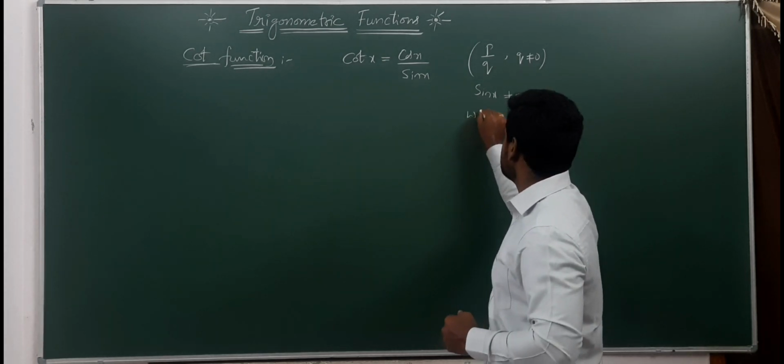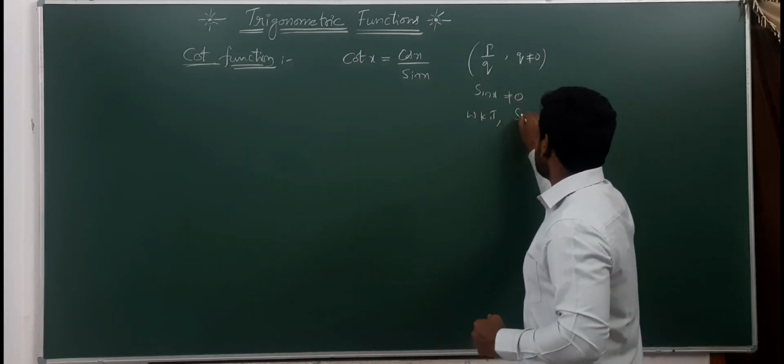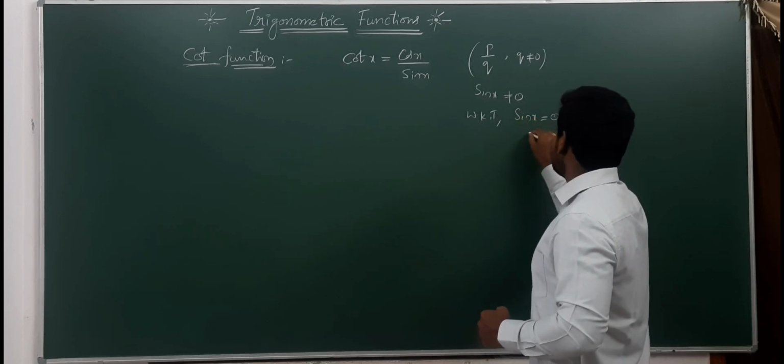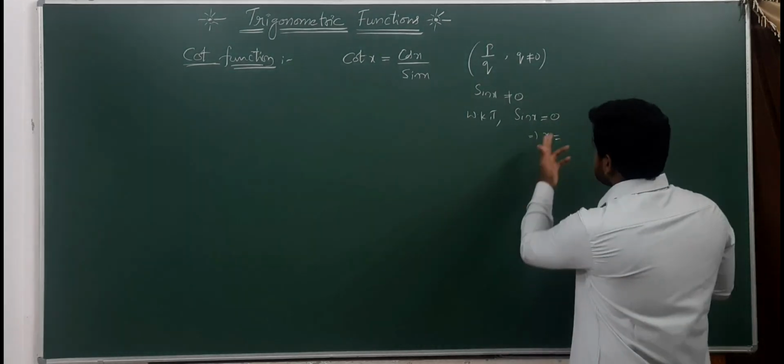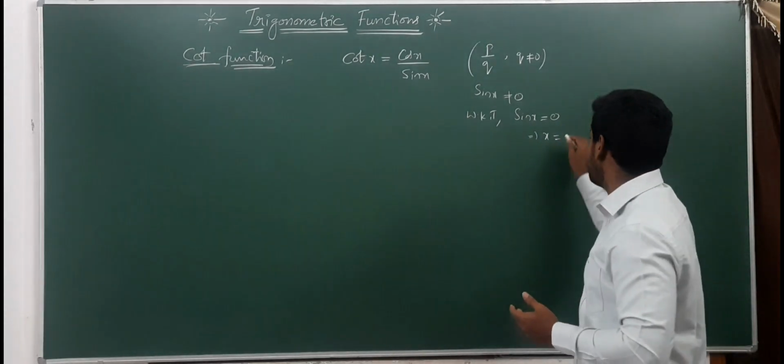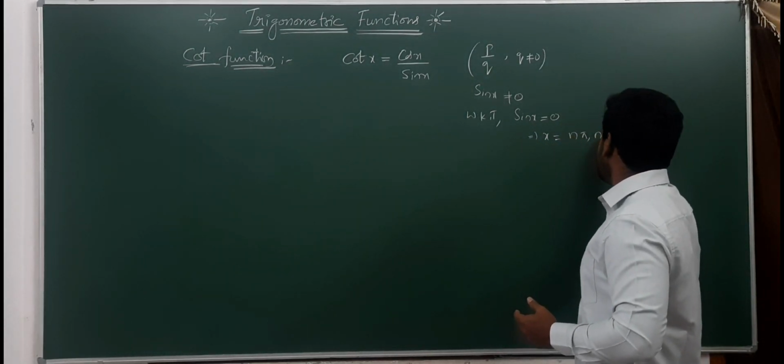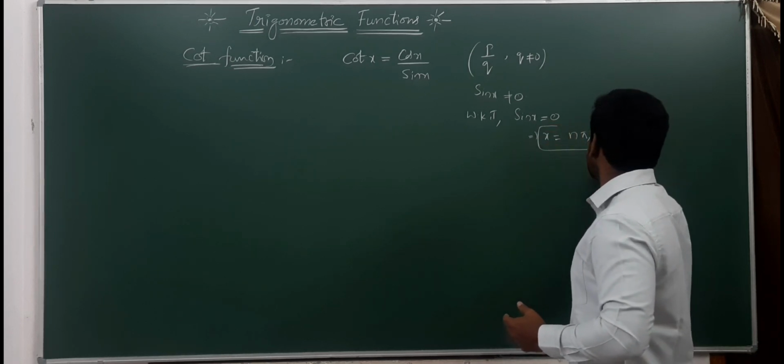We know that sin x equal to 0 for which values of x? For x equal to n pi where n belongs to Z, right or not?